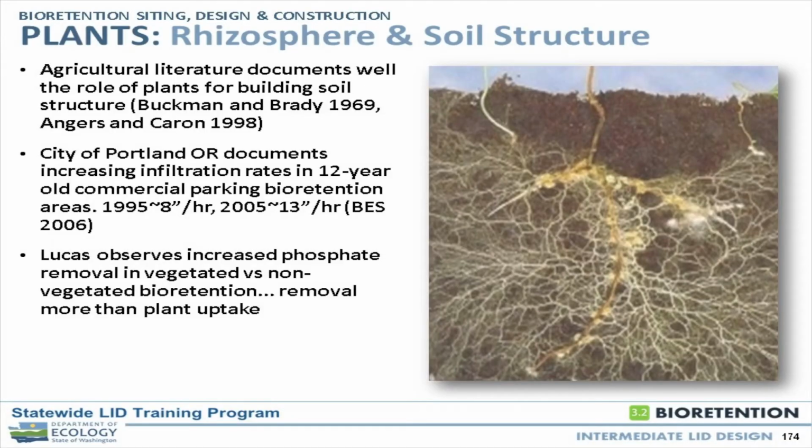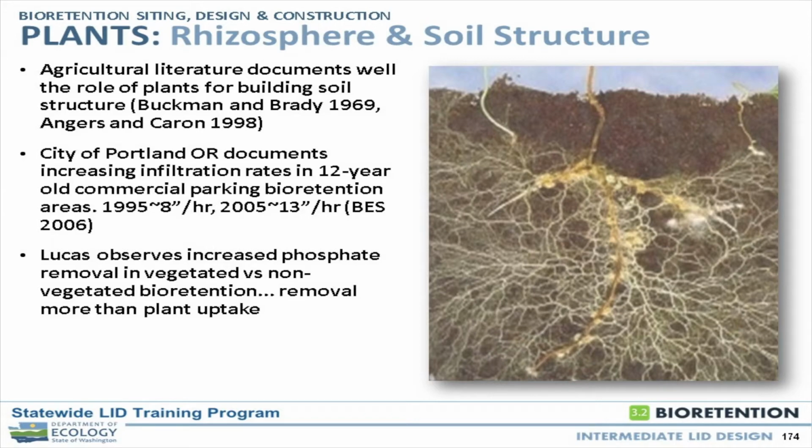Another benefit of plants is pollutant uptake, but not necessarily into the above ground plant structure. But again, promoting soil structure and soil microbial activity and the microbes taking up contaminants, metals and nutrients.